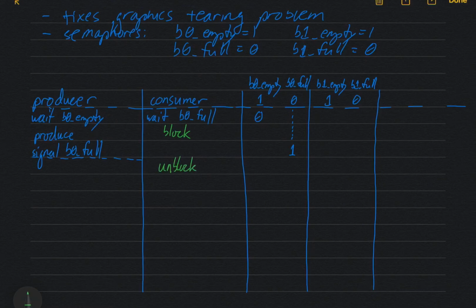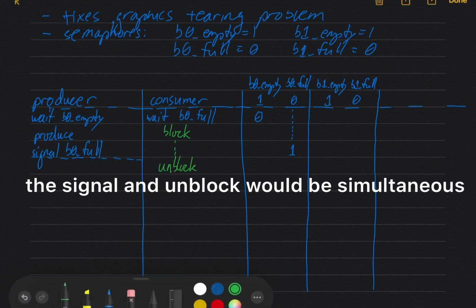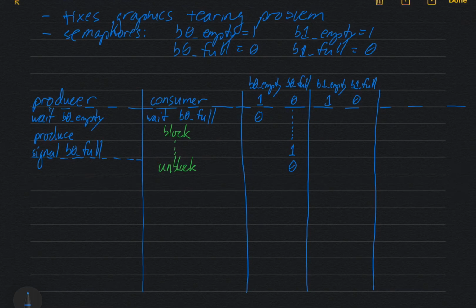Really it would happen at the same time, but when it unblocks, B0 full is down to 0. Okay, so now it's got a buffer that it can work with, so it can consume the data in B0, and then it will signal that it's empty buffer 0. So B0 empty changes to 1. I'm not going to do the dashes here, they kind of obscure the zeros and the ones a bit. So it's finished with buffer 0 now, and it's ready to move on to buffer 1.